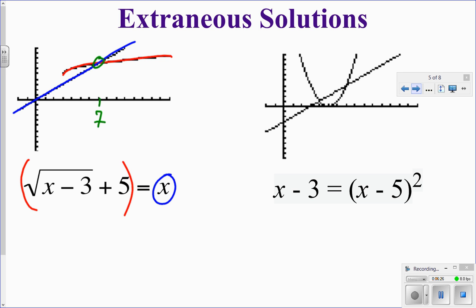Well, when we rearrange things and get x minus 3 is equal to x minus 5 squared, by doing so, you see that we get two potential solutions. You can see x minus 3 is this line here, and x minus 5 squared, the quadratic, is there.